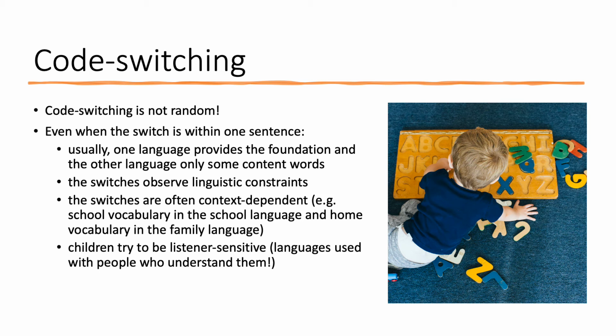Second of all, the switches are often pragmatically sensible, meaning that they're context dependent. So for example, the vocabulary that is mostly used in the context of one language is used in that language, like the school vocabulary that we just saw. Just like you might talk about linguistics using mostly English words.